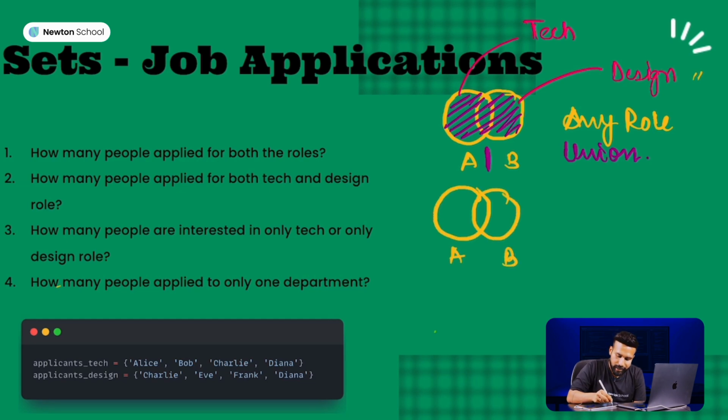What you want is a list of people who have applied for both the roles. So what you are trying to take here is something called intersection. And the way we define intersection is as follows: you will use an ampersand sign.